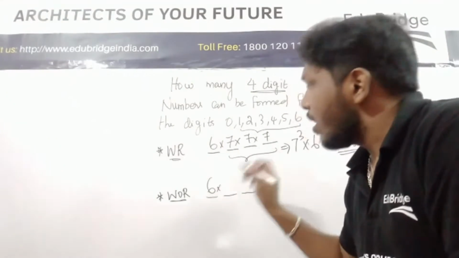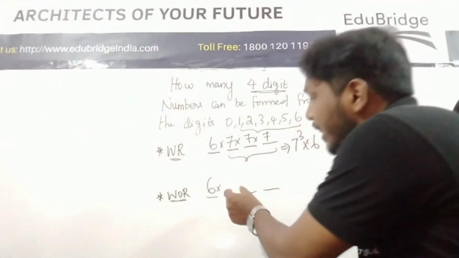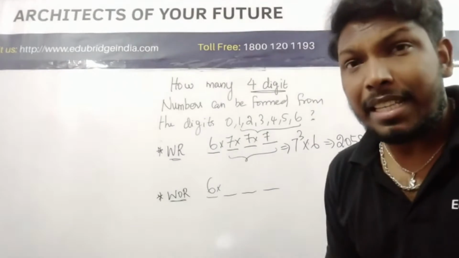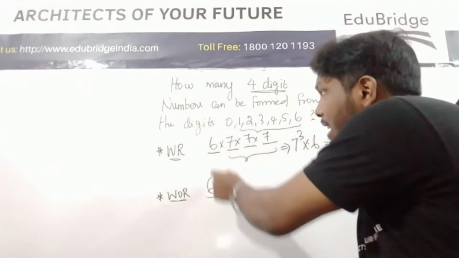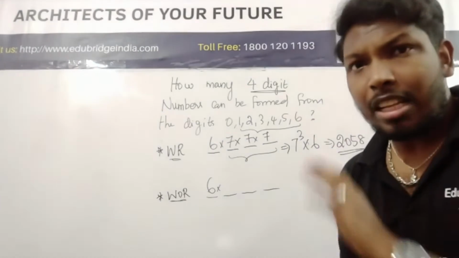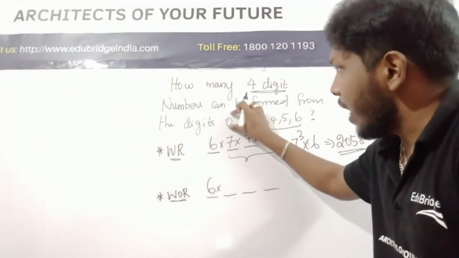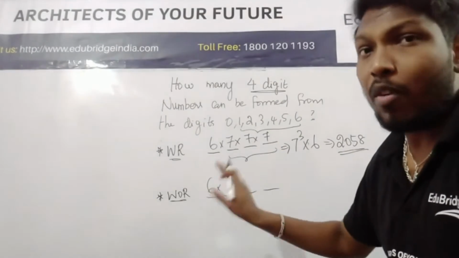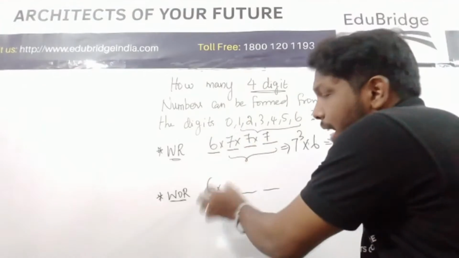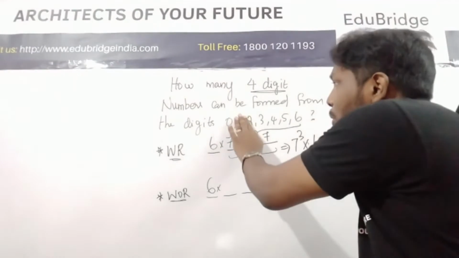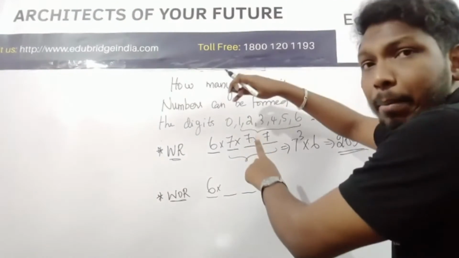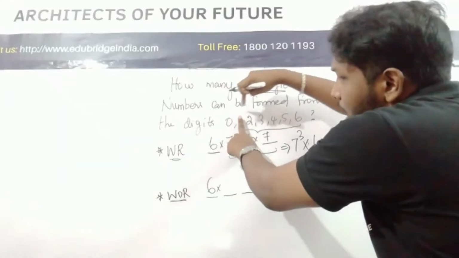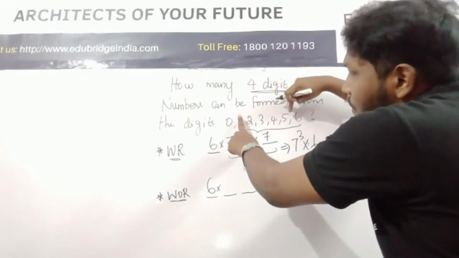Right? So here, multiply, and then in the second place, how many numbers can I place? Now here I can put 0. That's not a matter at all. If I put 0 also, some other number would have been put in the first place. For example, if I put 1 in the first place, except 1, the remaining numbers I can place over here: 0, 2, 3, 4, 5, 6.